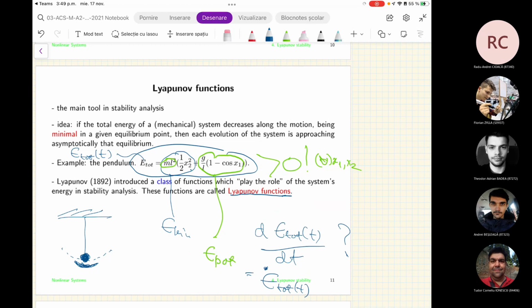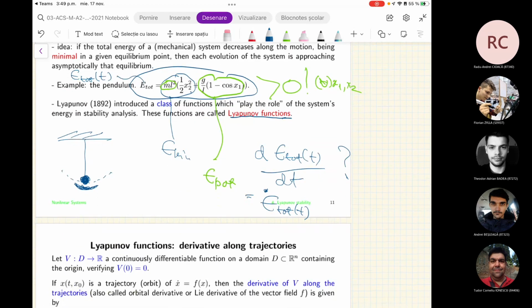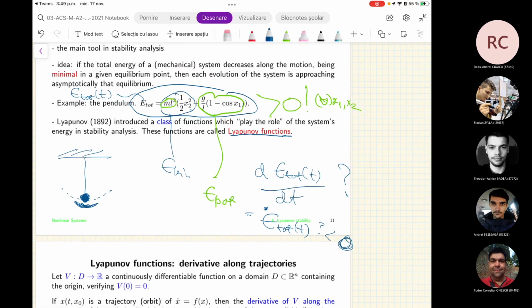And of course, to have the energy decreasing, you probably need this to behave something like this. True? We know this is a scalar function, by the way. So E total here is defined on R2 and valued in R. So this is a scalar function.